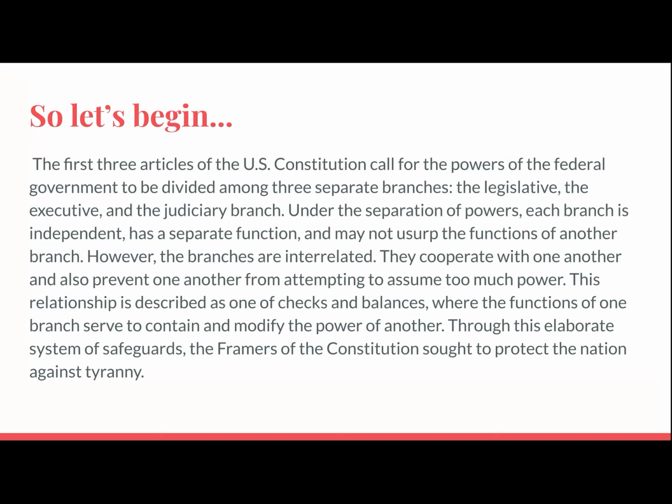They cooperate with one another and also prevent one another from attempting to assume too much power. This relationship is described as one of checks and balances, where the functions of one branch serve to contain and modify the power of another. Through this elaborate system of safeguards, the framers of the Constitution sought to protect the nation against tyranny.